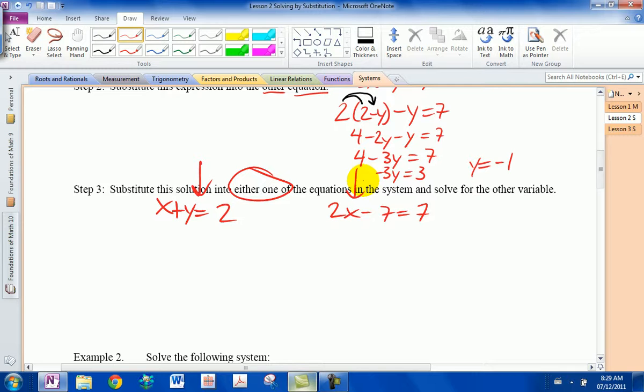So now you're substituting your y value of negative 1 and then solve for x. I always use brackets when I substitute in. Oops, this should be minus y here, not a 7. Always use brackets. Okay, now solve for x.